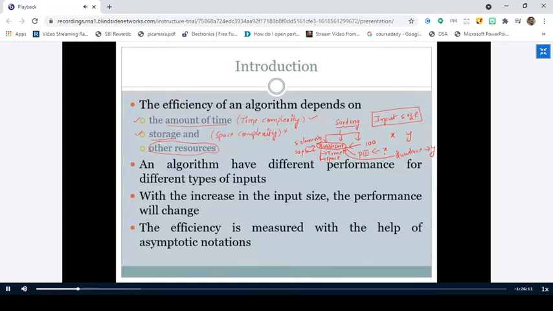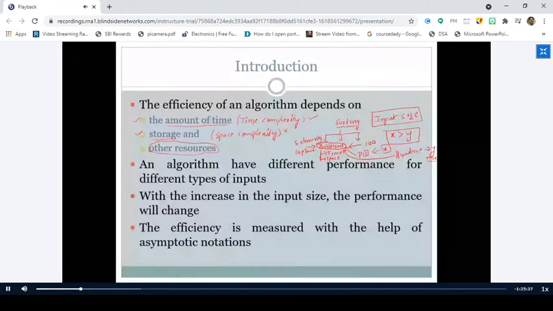Why? Because on the Pentium 3 processor, the algorithm executes in X milliseconds. If you run the same algorithm on the quad-core processor, assume it takes Y milliseconds. Which one is lesser? Y will be lesser. Therefore, X is greater than Y. That means the time taken for the algorithm to run on a P3 processor is more than the time taken by a system with a quad-core processor.